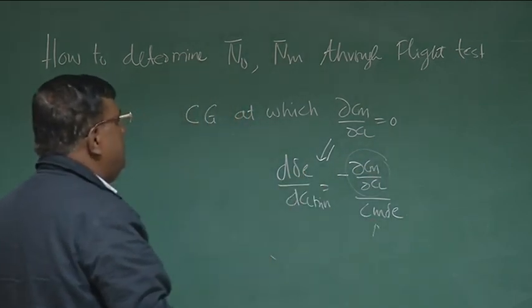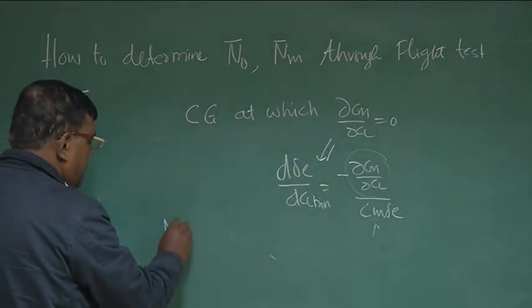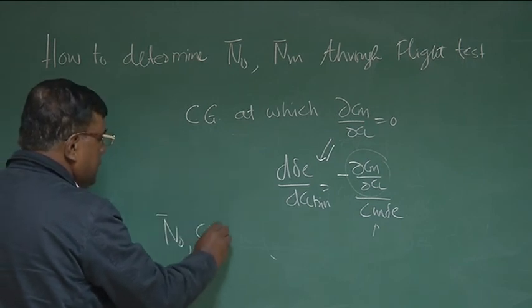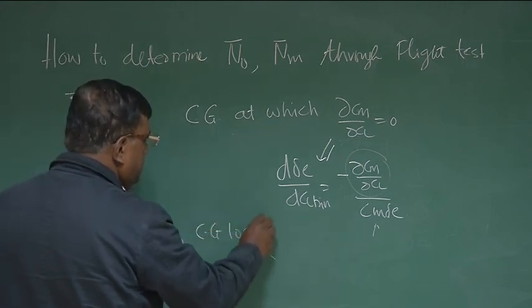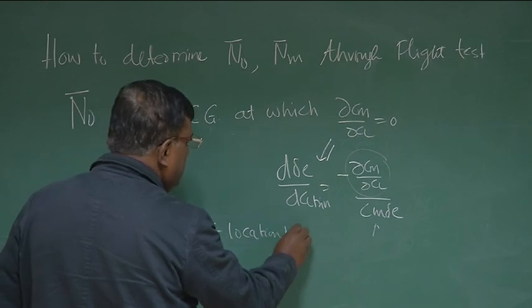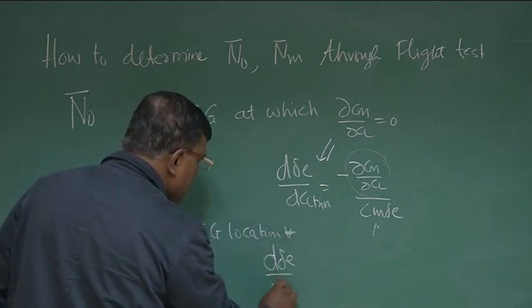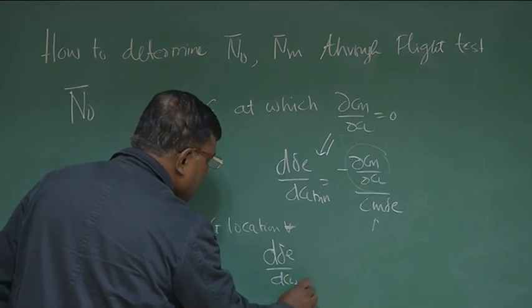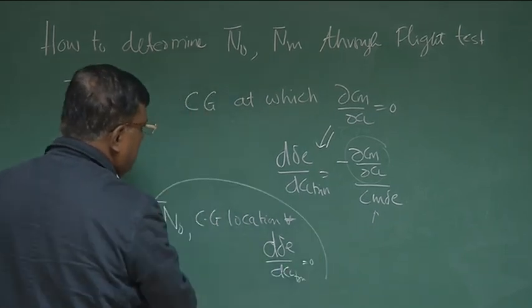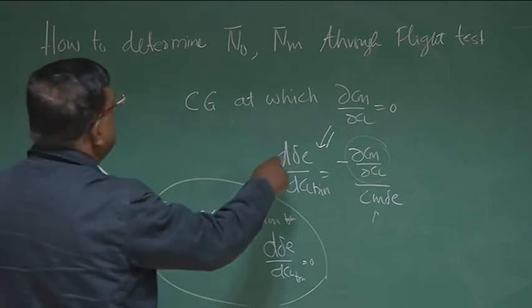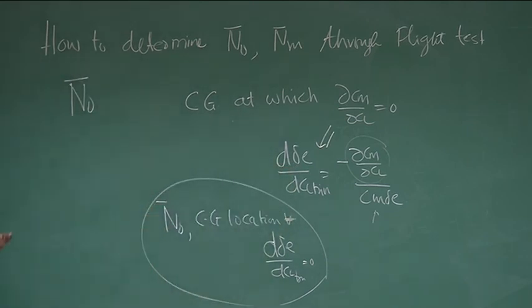So I can equivalently define neutral point as that CG location for which d delta E by dCl trim is 0. This is an approximation, because you know this expression is approximate, but from an experimental point of view, this is good enough, right? Why is this important?